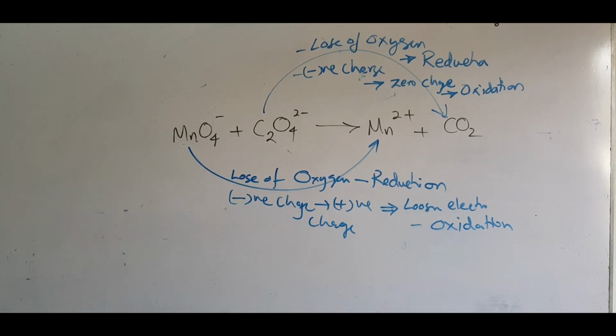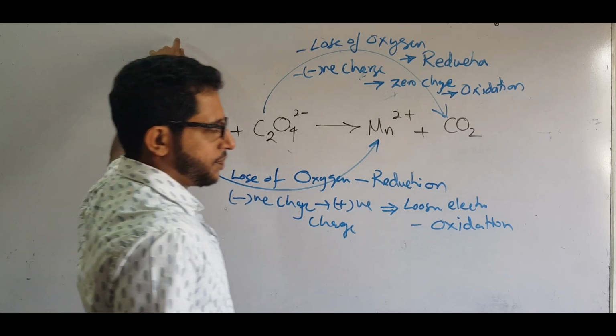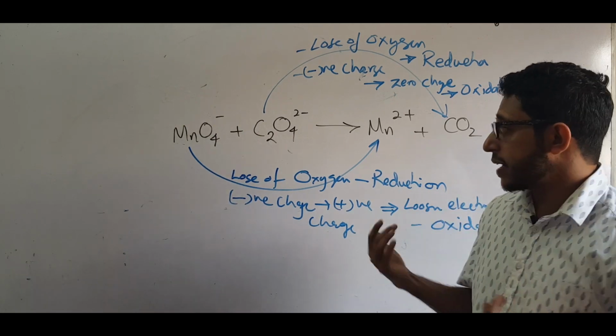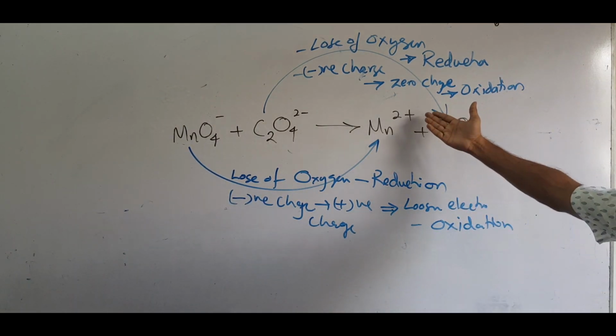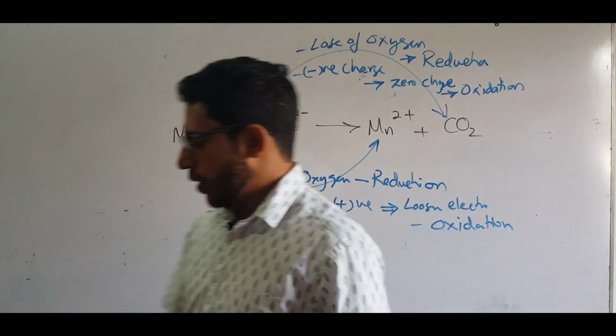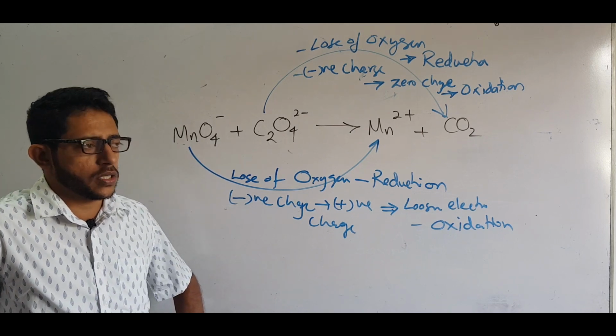Now in this particular case, it's really hard to tell in terms of oxygen and electrons which element has undergone reduction and which element has undergone oxidation, because it looks like both are the same, or you can say both have undergone reduction, both have undergone oxidation. So in a case like this, we can't exactly say which element has undergone reduction and oxidation.